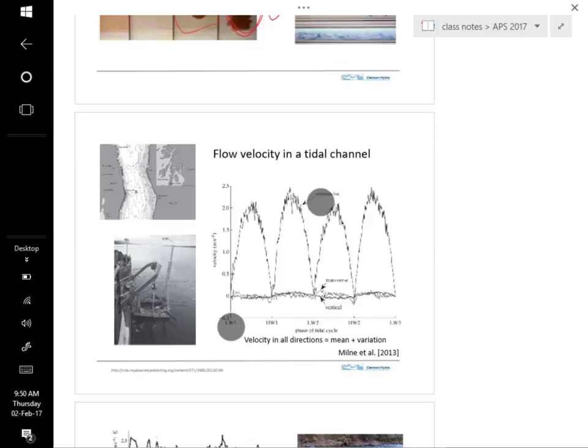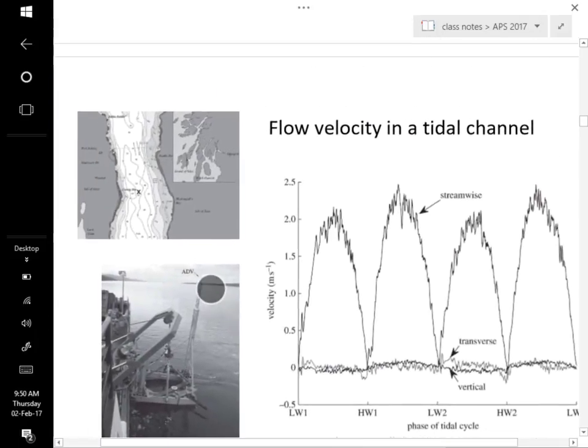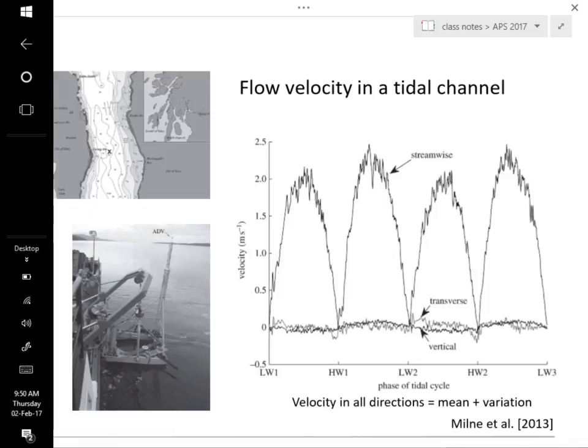Okay, so let's take a look at an experiment that was done in a tidal channel. So here's a map of the channel, and they put this fancy flow meter device here. So this is an electronic flow meter that will measure the velocity in different directions very quickly.